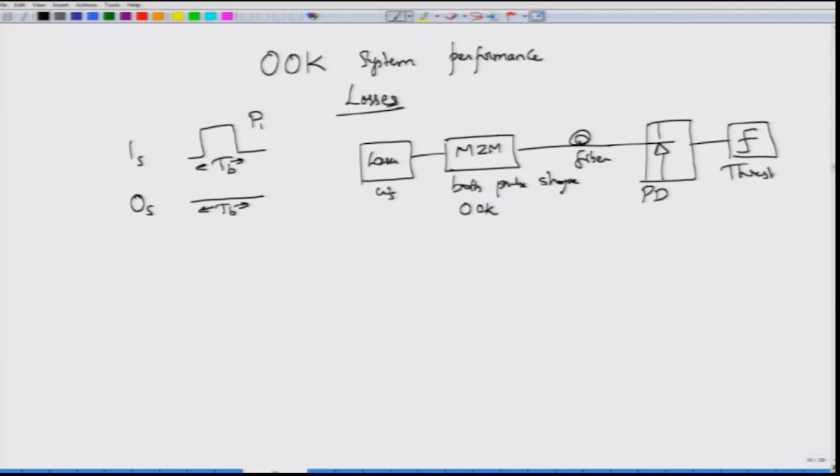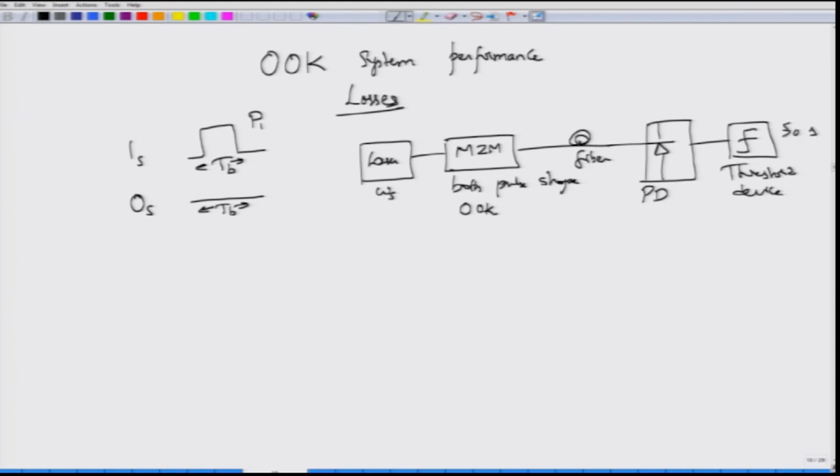The objective of the threshold device is to simply look at the photocurrent that is received. If the photocurrent is above a certain threshold, then it will declare that as a bit 1, and if it is below threshold, it will declare a bit 0, right. That is what you would expect. When you transmit a symbol 1, you expect the optical power to be greater than 0 and it must be greater than a certain value, right. So, you can define that as a bit 1.